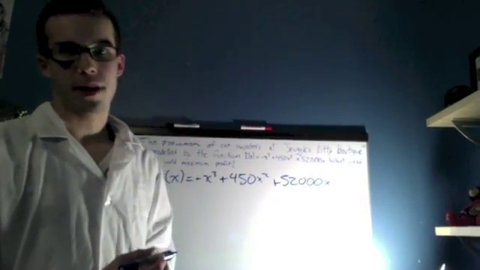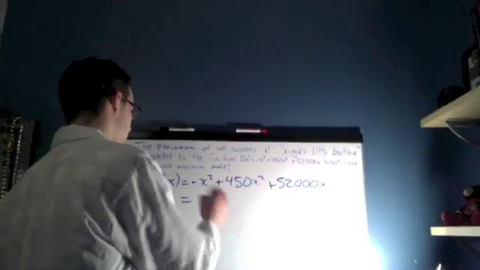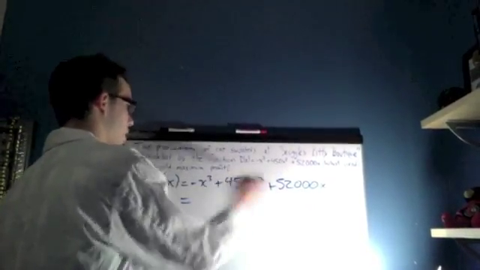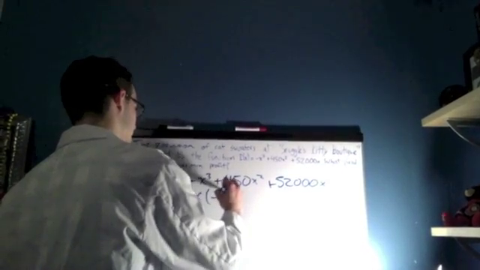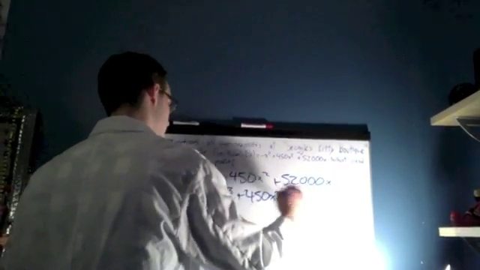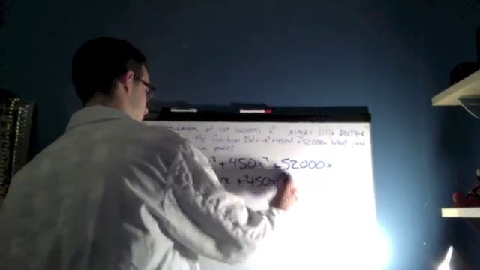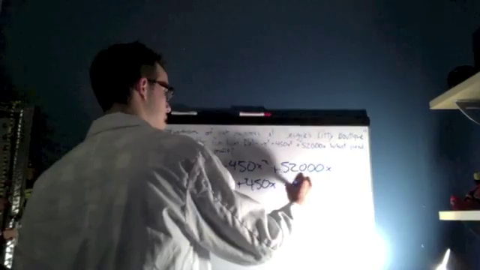Whenever it's greater than that value is what we'll use for our optimization. So we can factor this. These all have an x in it, so we can take that x out, and we're left with x times negative x squared plus 450x plus 52,000.